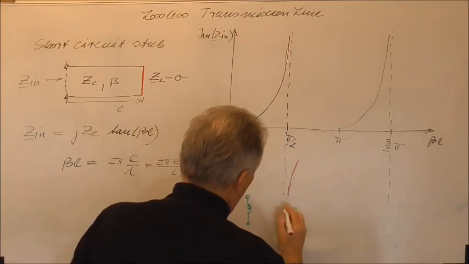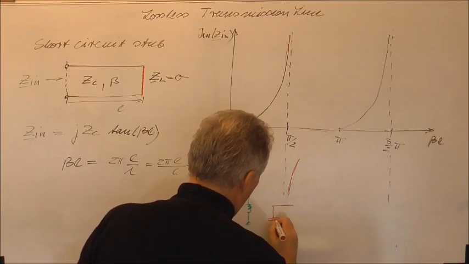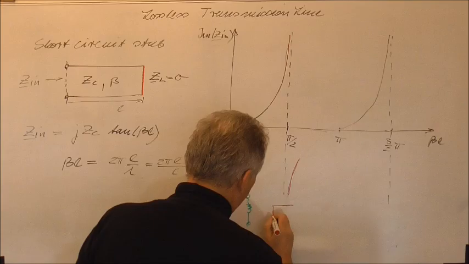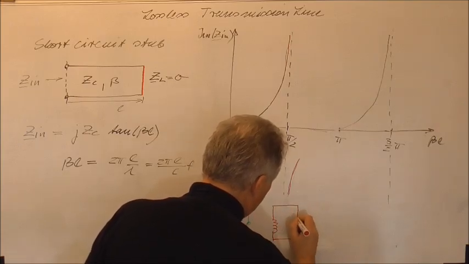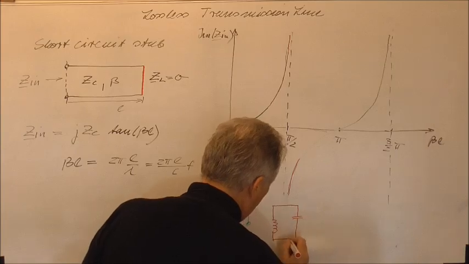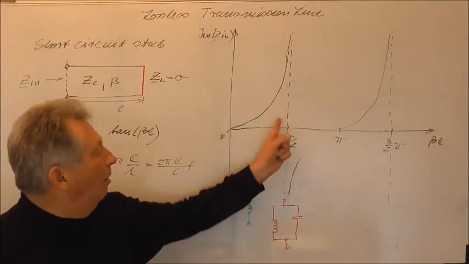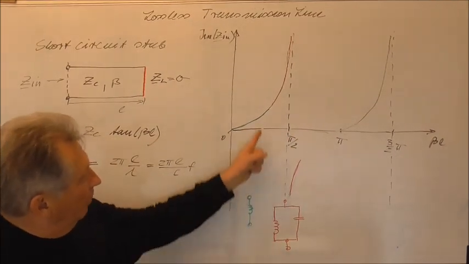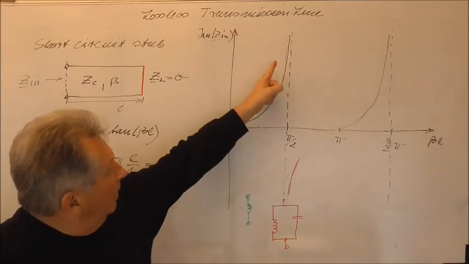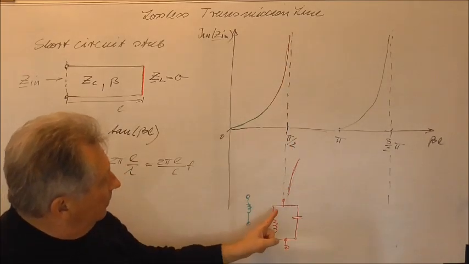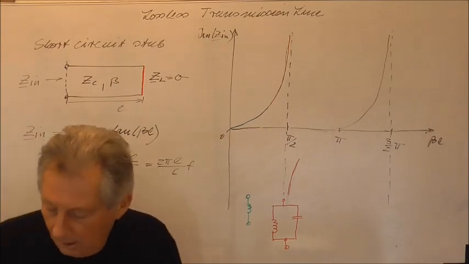And if you think of a parallel resonance circuit, then the parallel resonance circuit shows almost the same behavior, at least around pi over 2. First, for lower frequency, it's inductive, and then it undergoes a transition, and then it becomes capacitive.